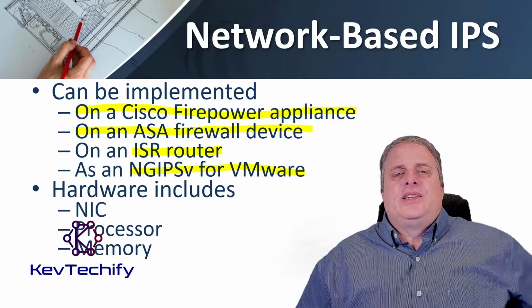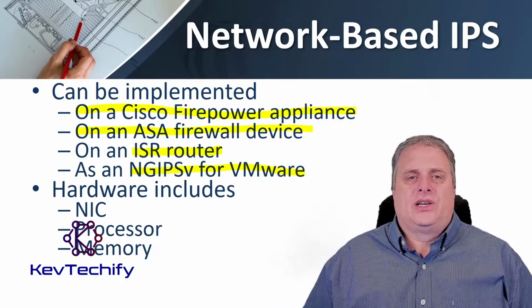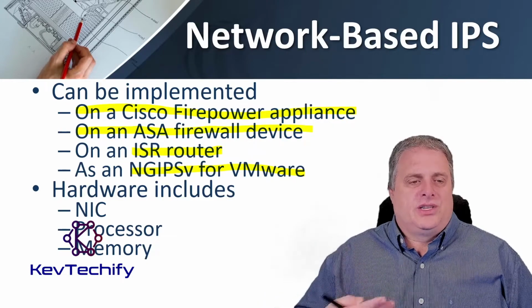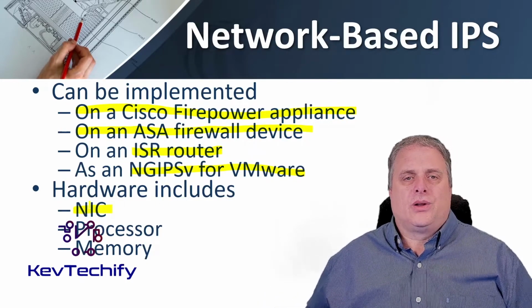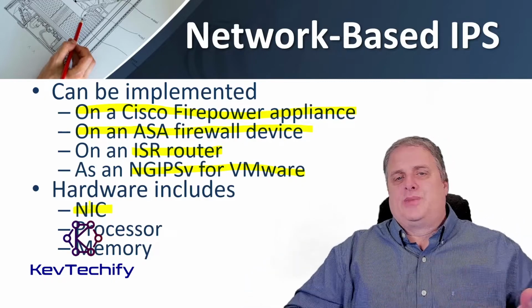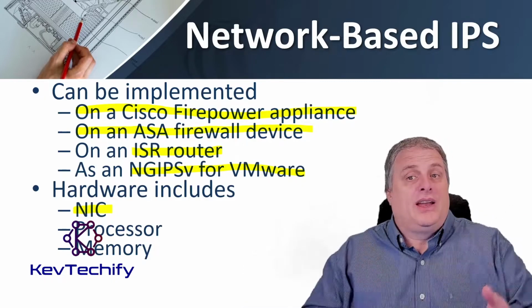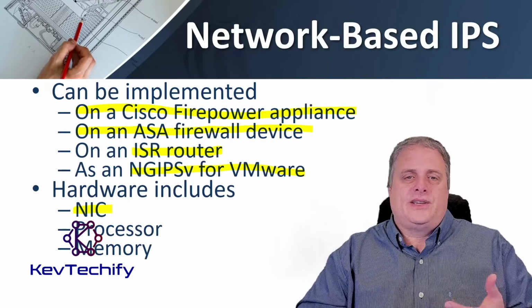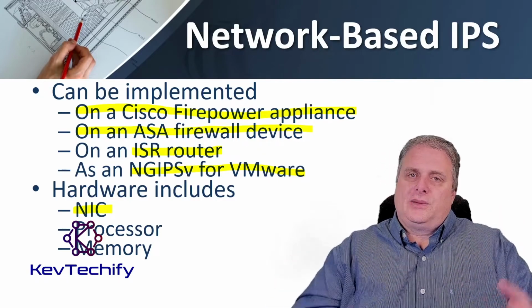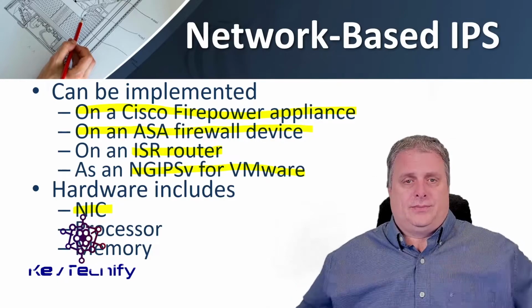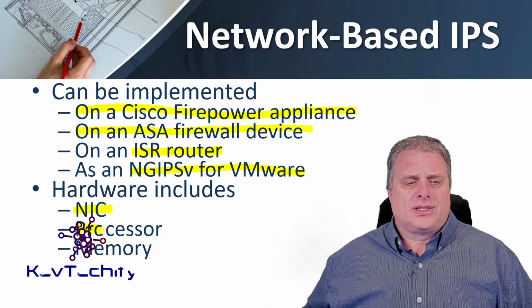As you look at these network-based sensors, they have to have certain types of hardware. First, you need to have your NIC, your network interface controller. The network-based IPS must be able to connect to any network, such as your Ethernet, fast Ethernet, gig Ethernet, or even 10 gig in today's backbones of data centers. You have to have your processor.